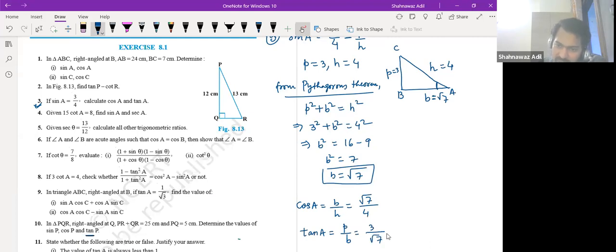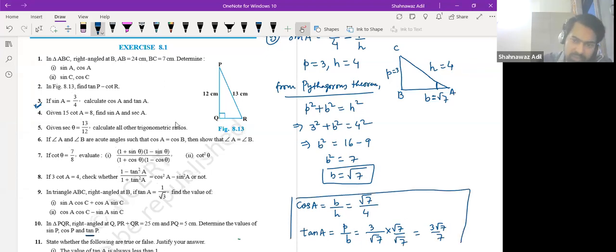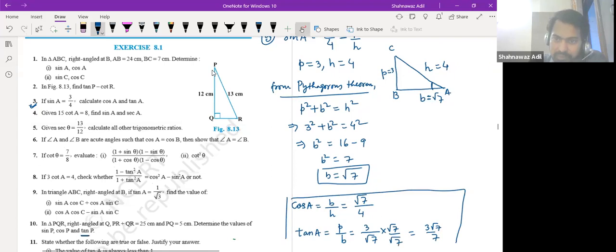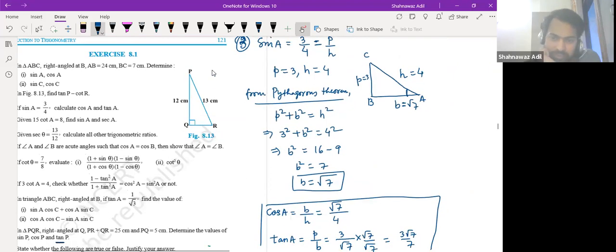If we rationalize this, it is 3 root 7 by 7. So these are the desired values. Is that clear to you, Rifa?